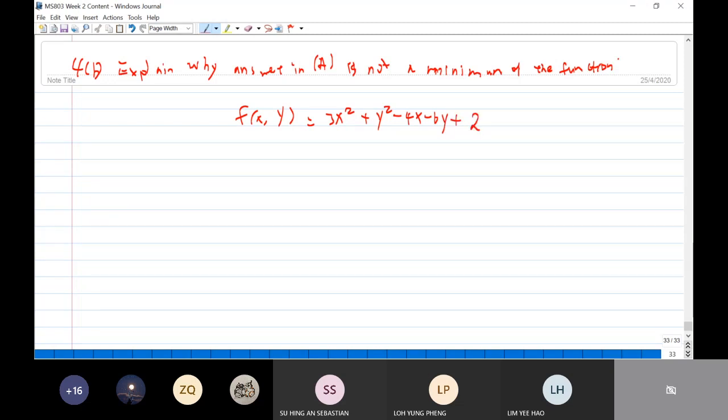This is the function here. And just now we found the minimal. The answer earlier in part A is when y equal to 1, you get actually function f of 1 is minus 17/3. Okay, we find out that the minimal in part A is minus 13/3.